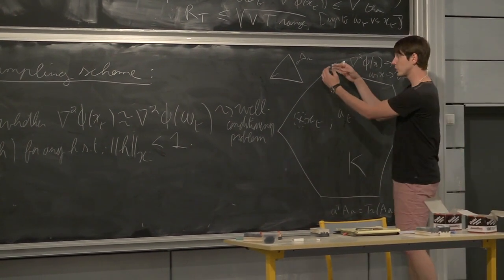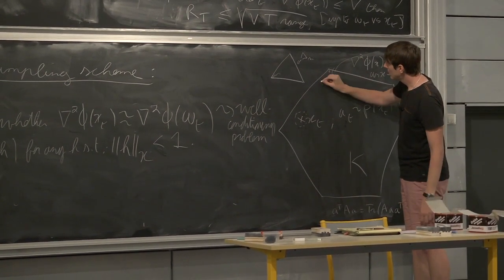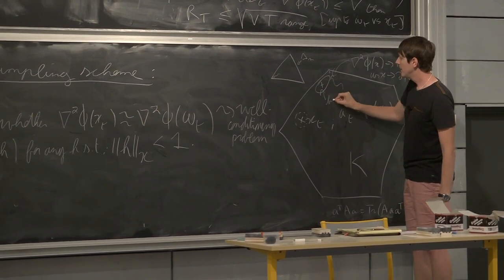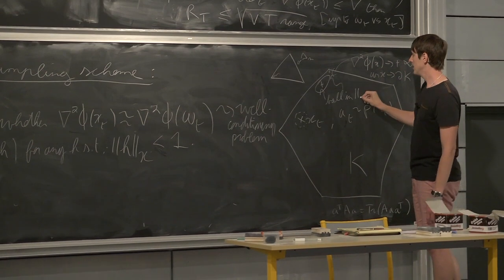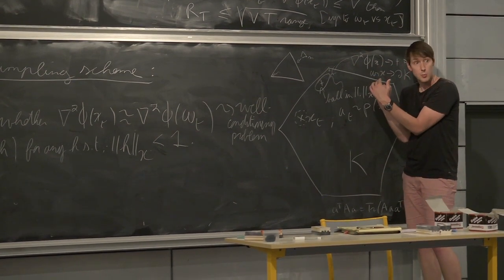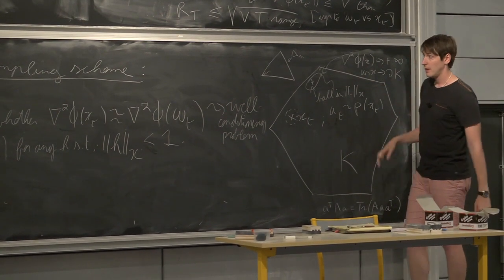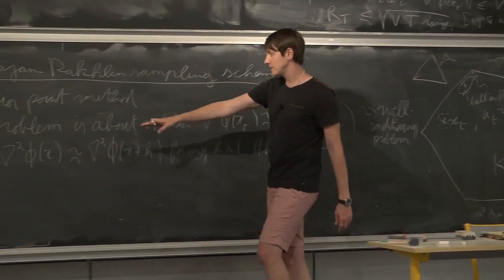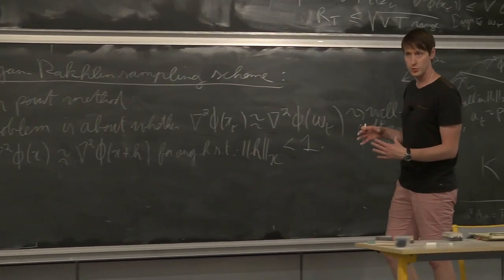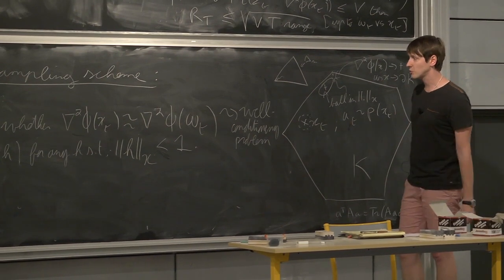Okay, so when you get closer here, the Hessian is very, very big. So this is a ball in the local norm at x. Because the Hessian is very big, this ball is very small. Okay, so as you get closer, the balls get smaller and smaller. And what this definition says is that these are functions which remain well-conditioned on those balls. Okay, it's not totally obvious why this exists, etc., but yeah.